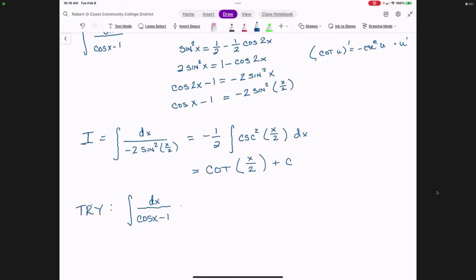Maybe we can try this, like cosine x plus 1. Did any of you think to try this? This sometimes is a knee-jerk reaction to try.